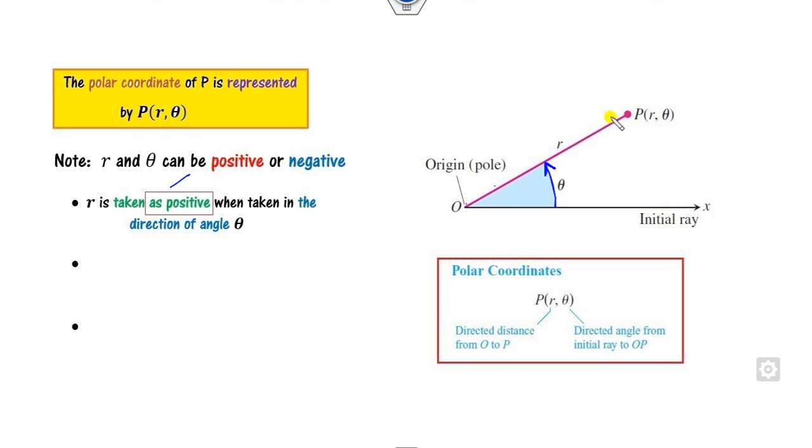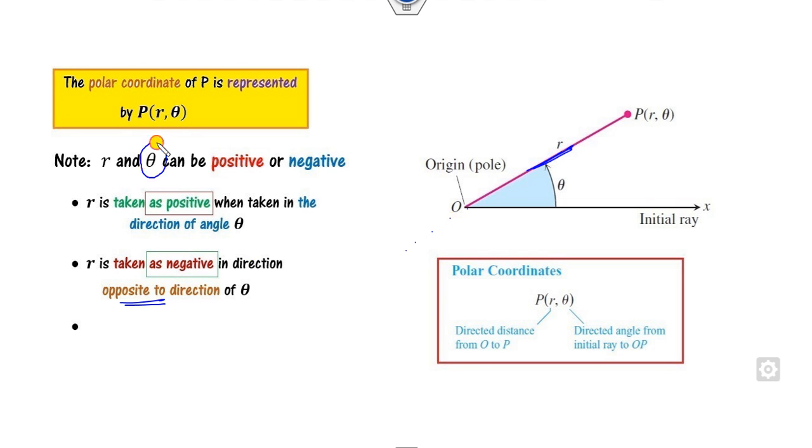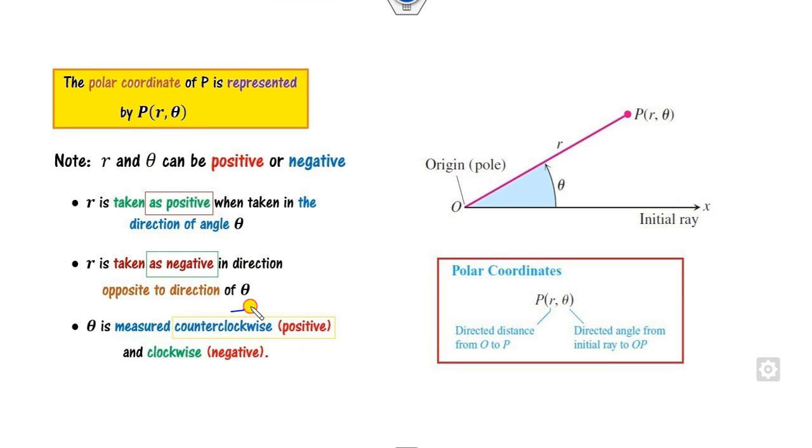So on this line it is positive, but if you measure on this other side, then it is minus r. That is, r is negative when you take the direction opposite to the direction of theta. Theta is positive when you measure in the anticlockwise direction, but if you measure in the clockwise direction, then it is negative.